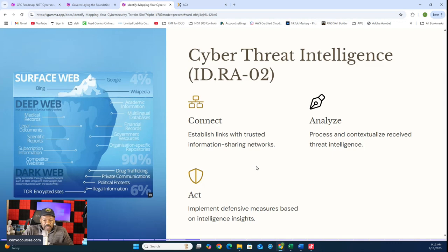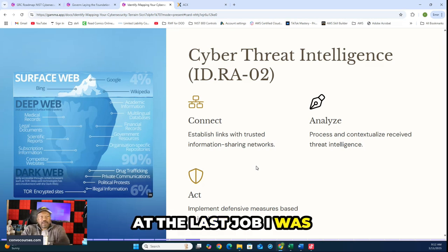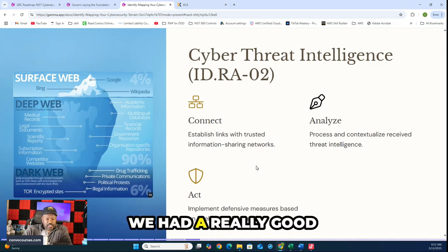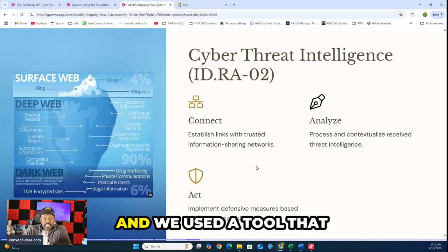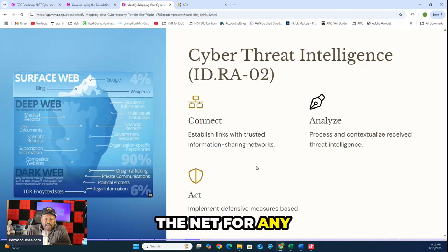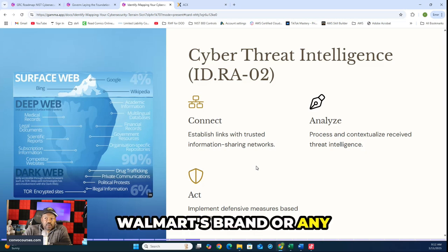So what is it? At the last job I was in, we had a really good cyber threat intelligence process. We used a tool that would scour the net for any instances of our client's name. Walmart, for example: if Walmart's brand or any of its brands showed up on the dark web, you would look at that.